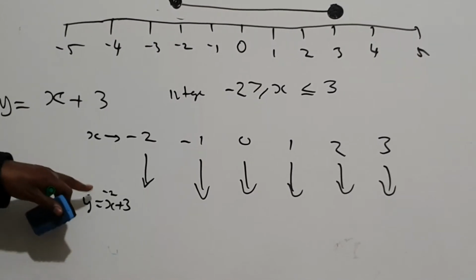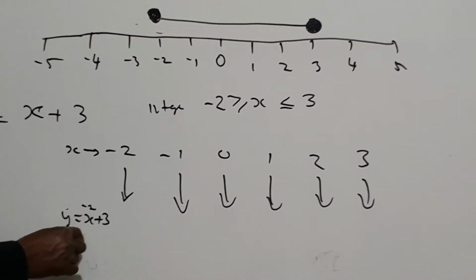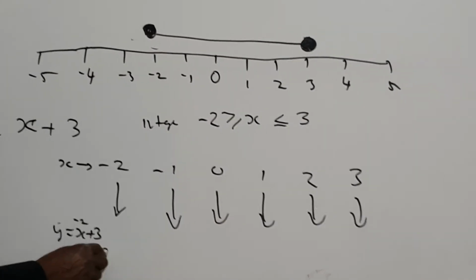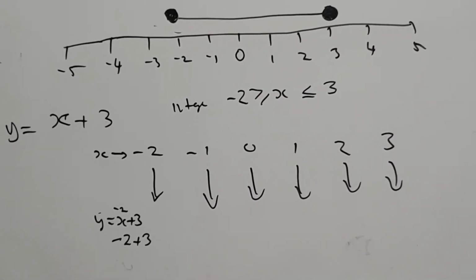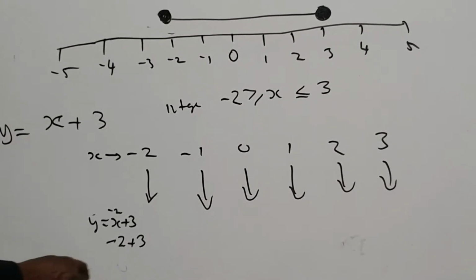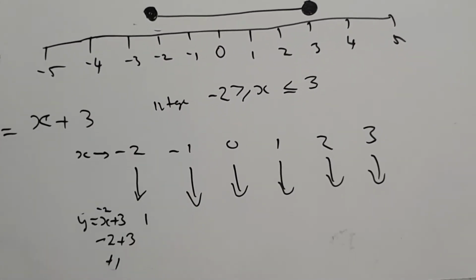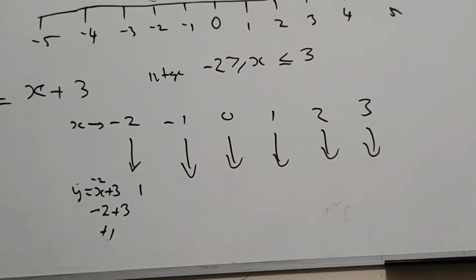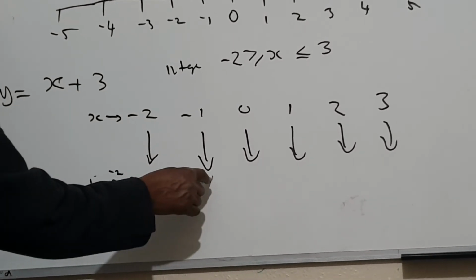We substitute minus 2 for the value of x. So the equation we now look at is minus 2 plus 3. Now, we said in our first lesson, our answer will take the sign of the bigger number. So our answer must be plus. Okay, so that is 1. So this is 1. When x is minus 1, y is 2, isn't it?